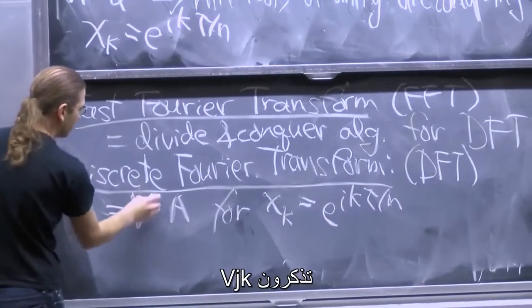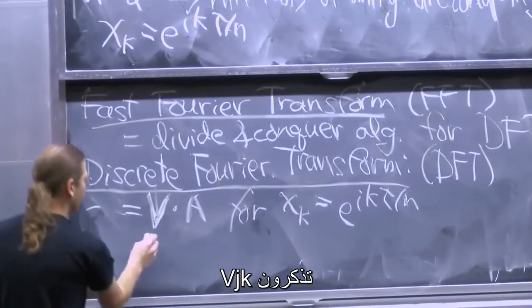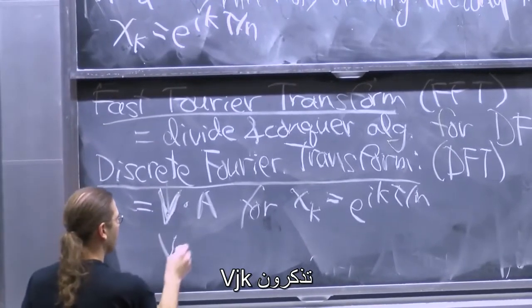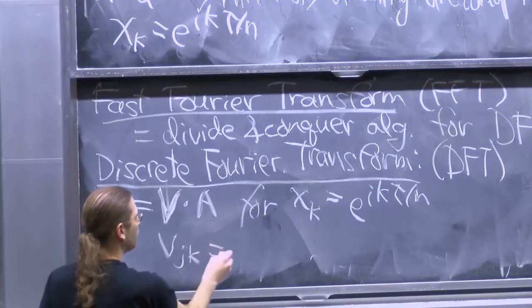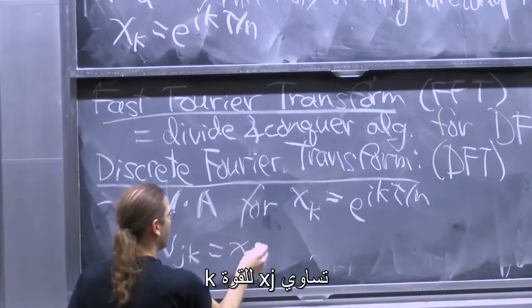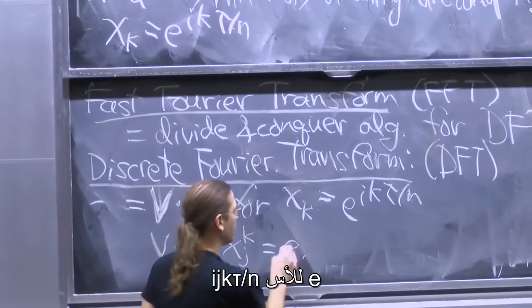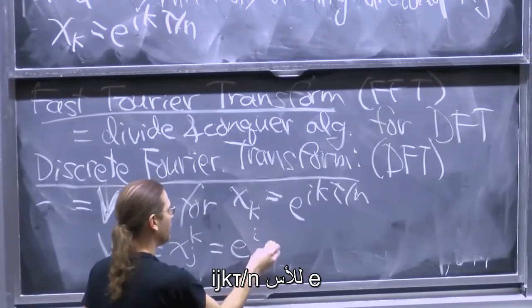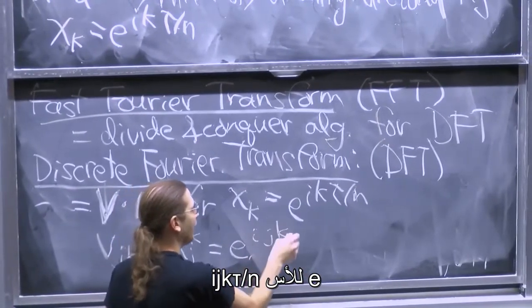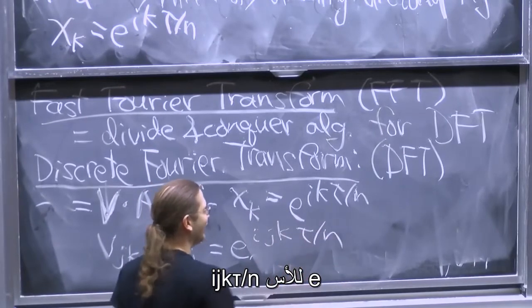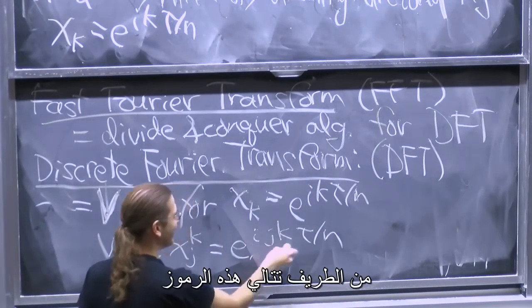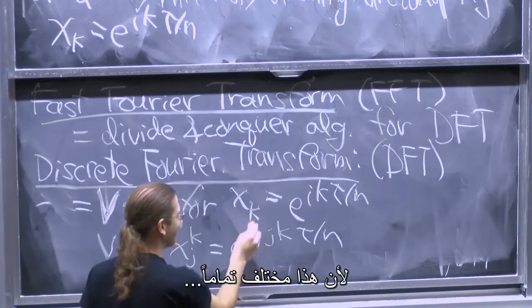So if you remember, vjk here was xj to the kth power. So this just becomes e to the i j k tau over n. It's a little funny these are all consecutive, because this is totally different.